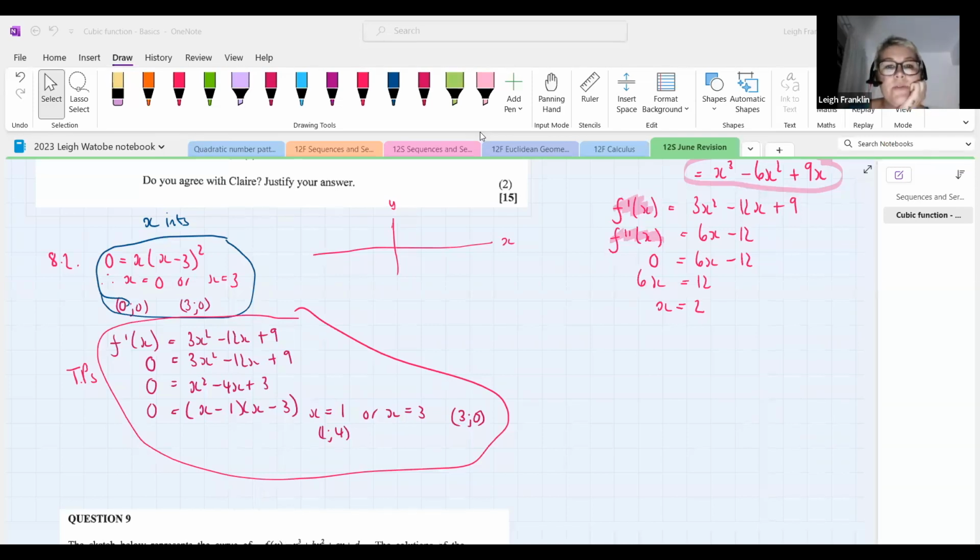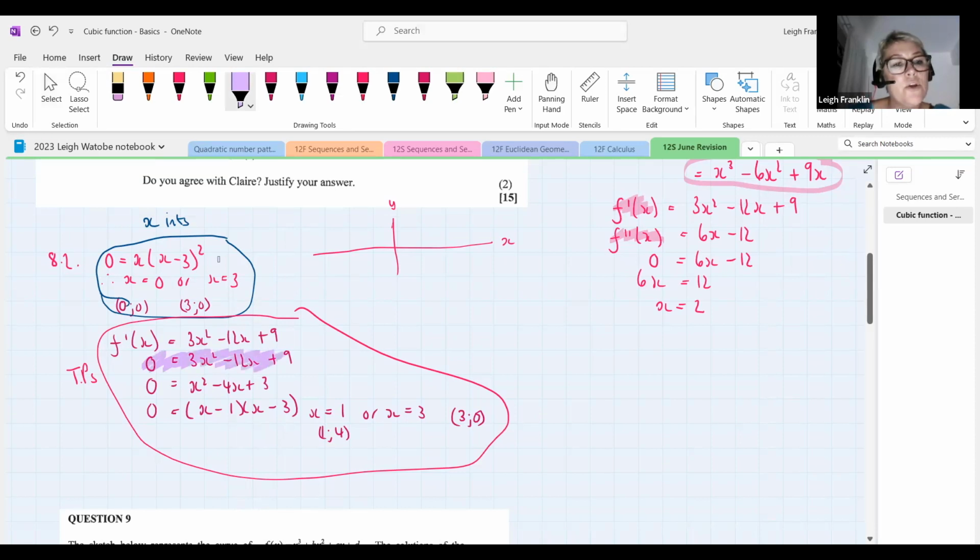Zedalia, where you made the first derivative equal to 0, is that the stationary point? Yes, Zedalia. So this over here that I'm going to highlight in purple, this is me calculating the coordinates at the turning points. For the coordinates at the turning points, you've got to use the first derivative.